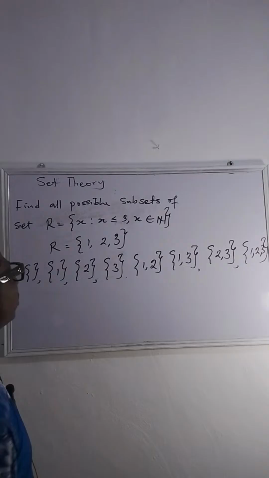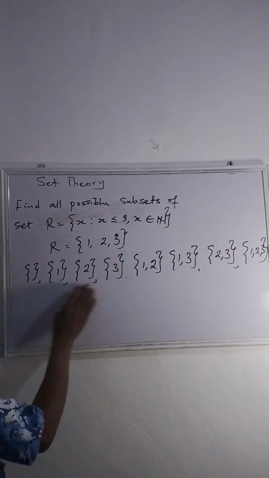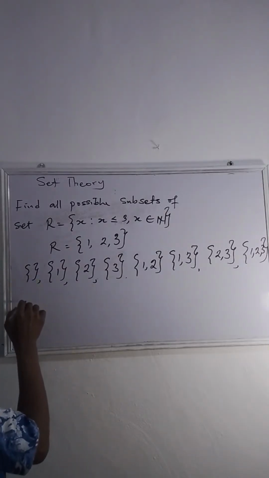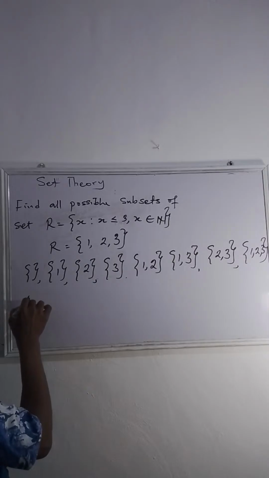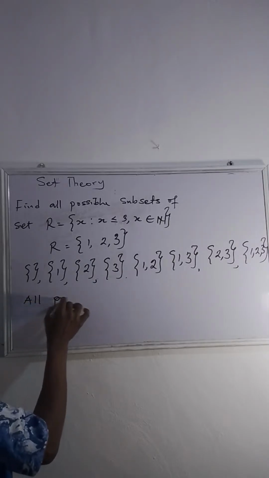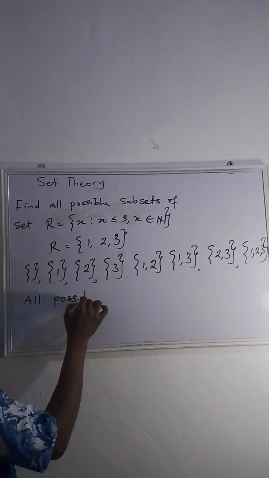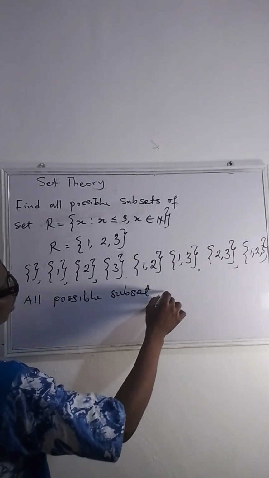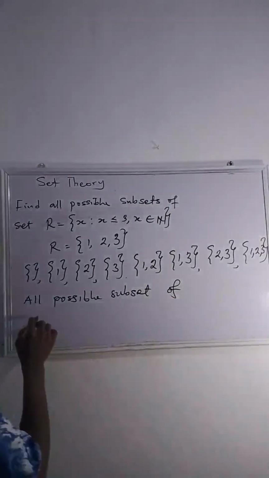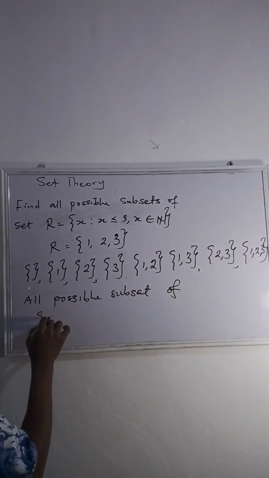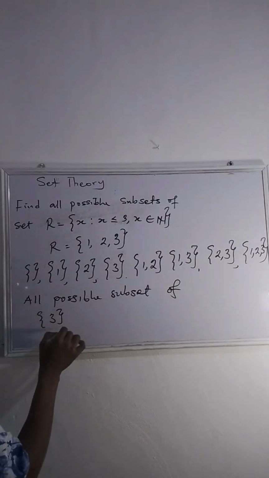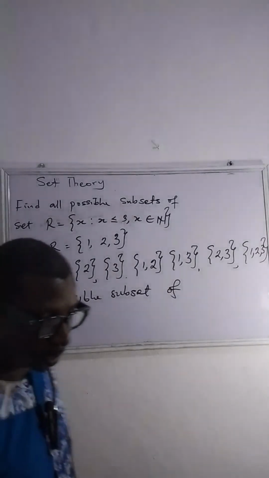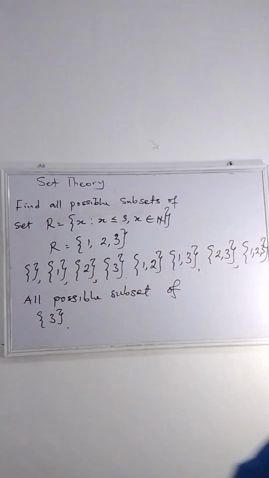All right. So now, can you do this for me? Find all possible subsets of set {3}. Okay. Can you list all possible subsets of that set?